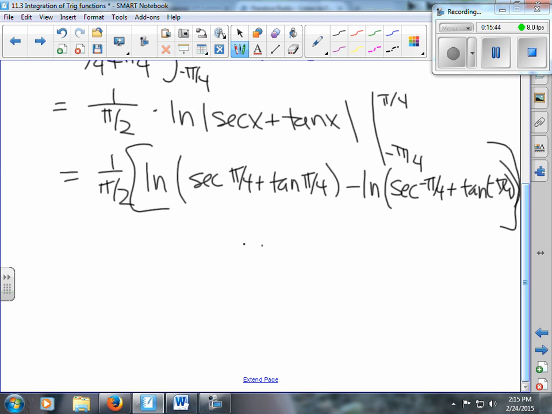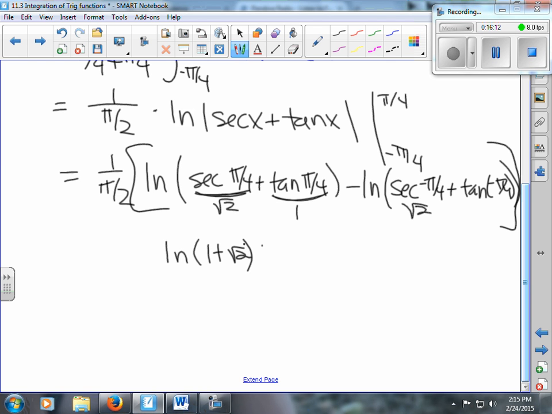Okay, so let's evaluate these. The secant of pi fourths, that's 1 over the cosine of pi fourths, this is square root of 2. And the tangent of pi fourths is 1. And so we're doing the natural log of 1 plus the square root of 2. I don't know what that is. Now, negative pi fourths is in quadrant 4, and cosine there is still positive. So this is square root of 2 here.